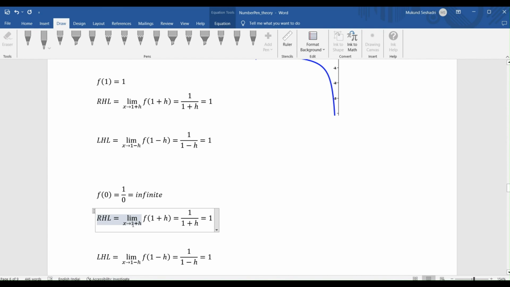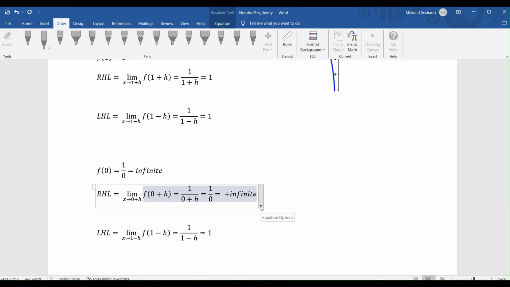Now I'll go to my right hand limit, and I'm going to replace it here with 0 plus h, which is 1 divided by 0 again, which means it is positive infinite, right?